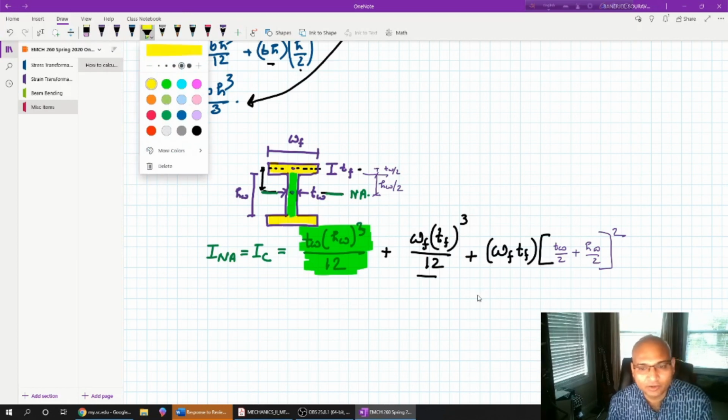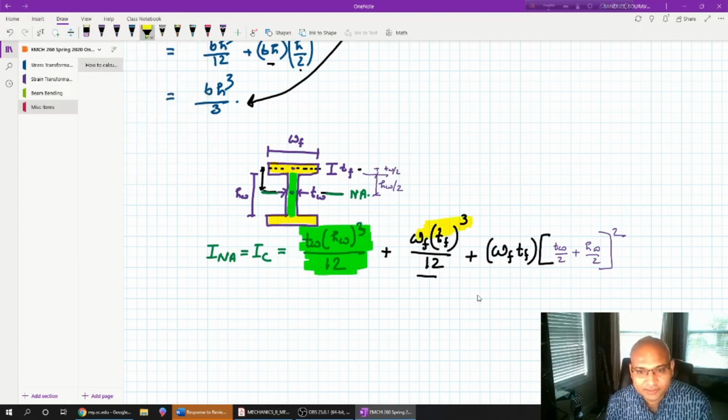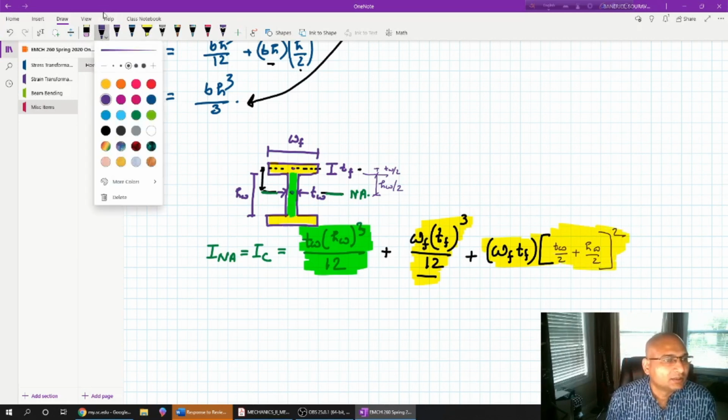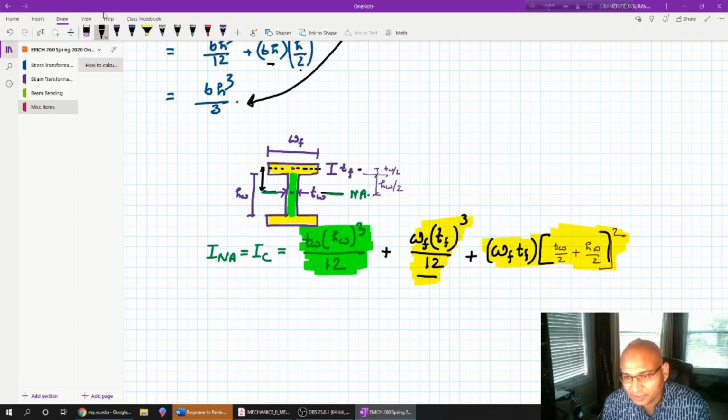Now, we are not completed yet. This is one section, that is only the top one that we have calculated so far. Let's mark with the proper marking here. So we have this one, this one.